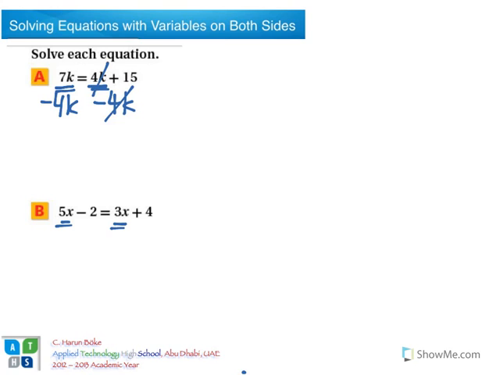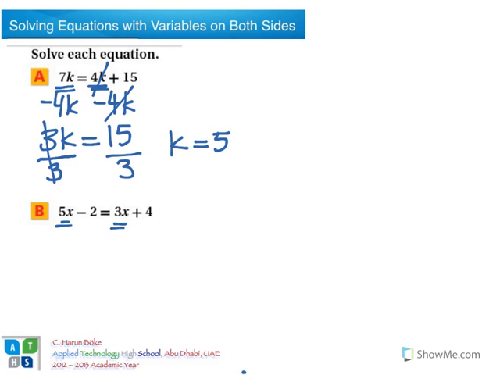I will have 7 minus 4, 3k on the left hand side, which is equal to nothing but 15. Then I know how to solve this equation. Since this is multiplication here, 3 and k, I will divide by 3. When I simplify, I will have k alone being 5.